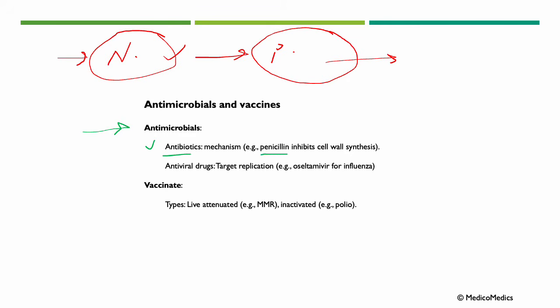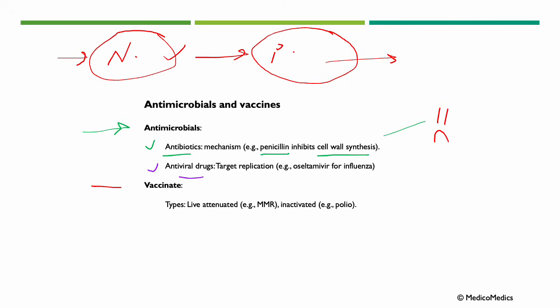So we use penicillin to inhibit the synthesis of the bacterial cell wall, essentially the formation of the bacterial cell wall, which leads to bacterial death. Against viruses, we use antiviral drugs, and these interfere mainly with virus replication processes, reducing disease severity. So it doesn't eliminate it, but it reduces its severity.